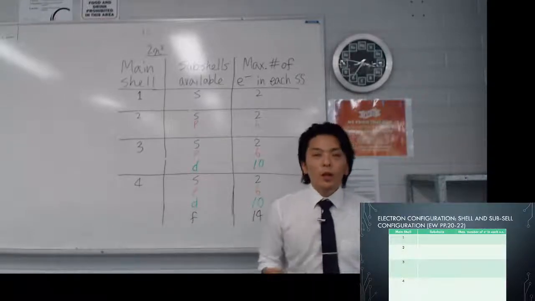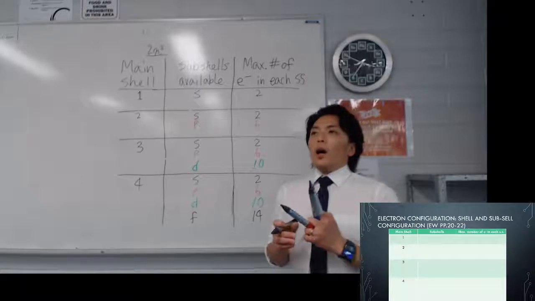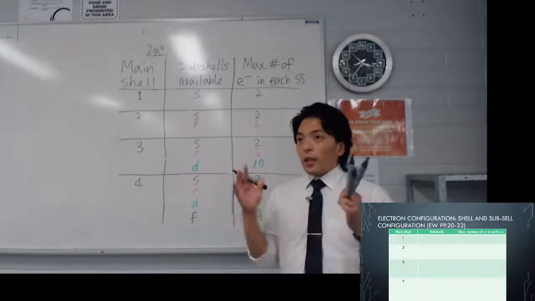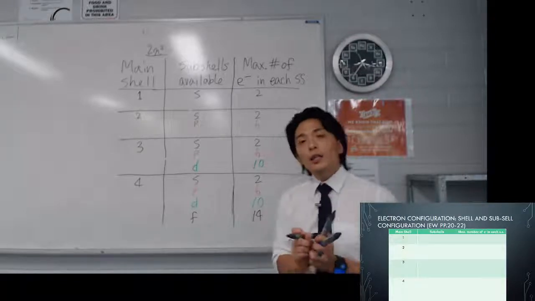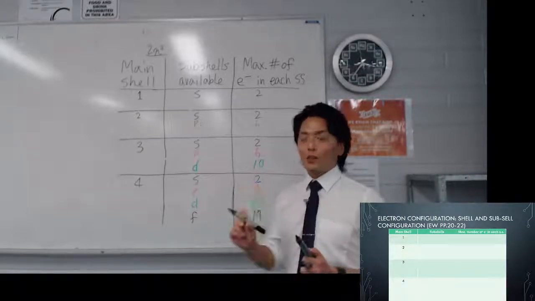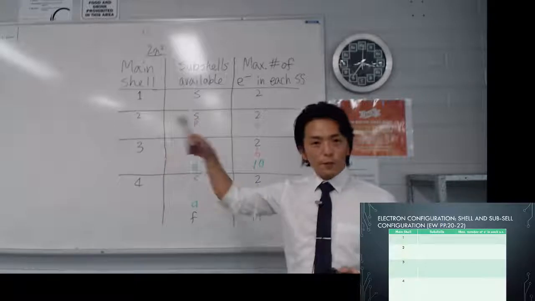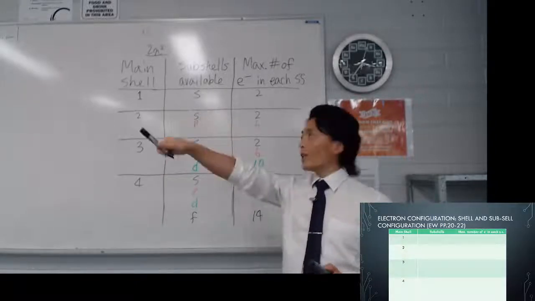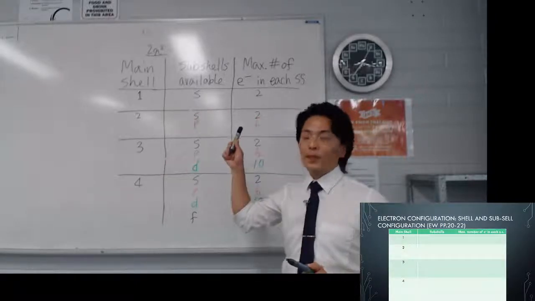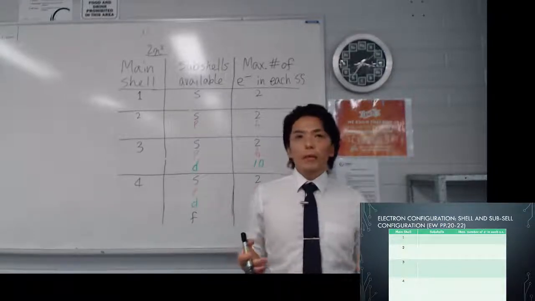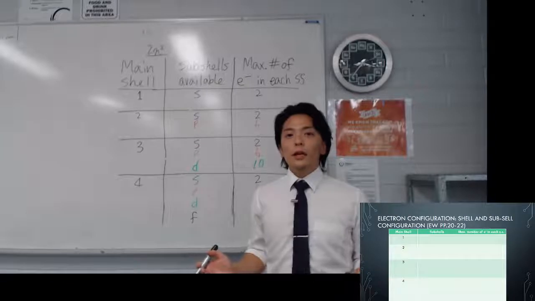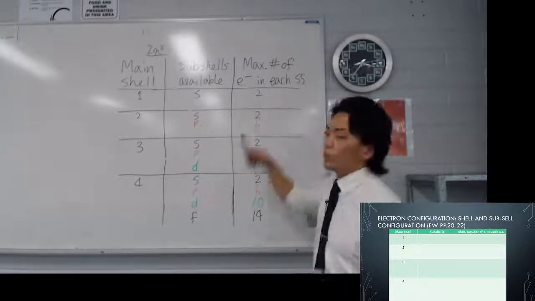Okay. Now, if you can pull out a periodic table at the moment, have a look. Count how many elements are in each period. If you look at the first period, you would see hydrogen and helium. There are only 2. And what's the maximum number of electrons that can fit into the first main shell again? 2.